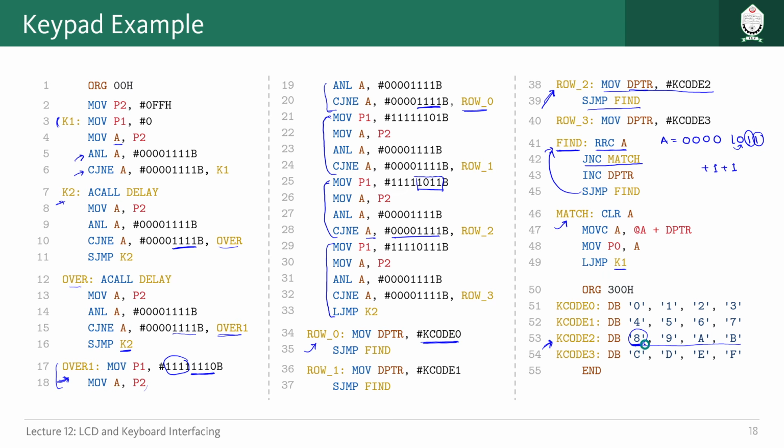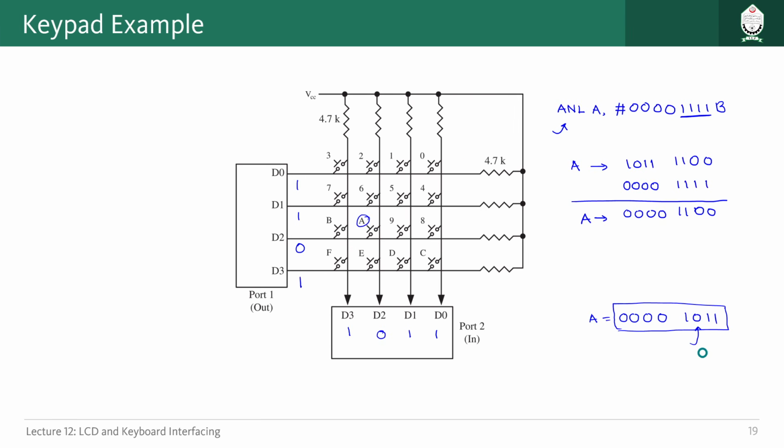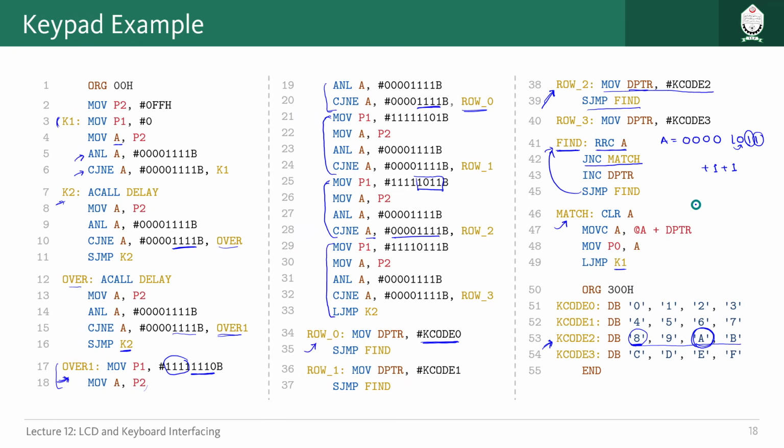What we have to do is somehow increment that memory location or that address to represent A. So that's why this 2 has been added. So right now in DPTR we have the memory location or the address of ASCII character A, because this is the character which was pressed. So how have we done that? By looking at this 0 value with the help of rotate right with carry, RRC, right?